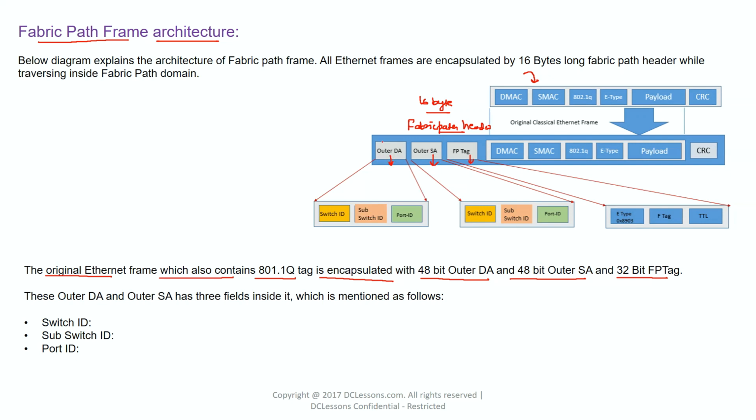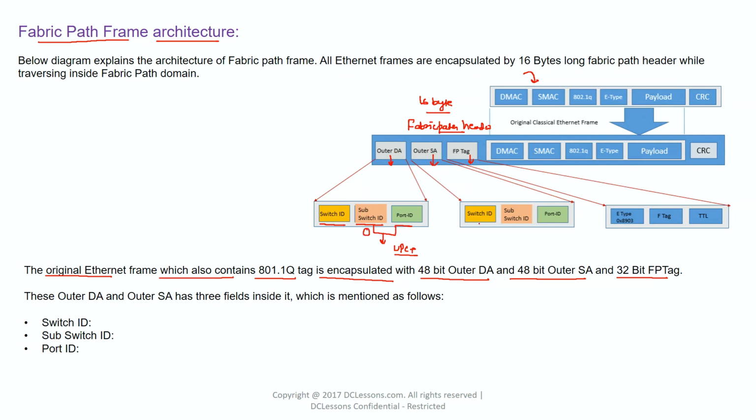Now the outer DA means outer destination address, which has the switch ID, sub switch ID, and port ID. The sub switch ID and port ID come into the picture when there is a vPC+ scenario. If we don't have a vPC+ scenario, the value of the sub switch ID will be 0.